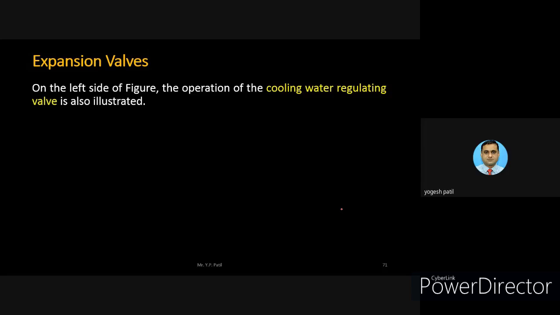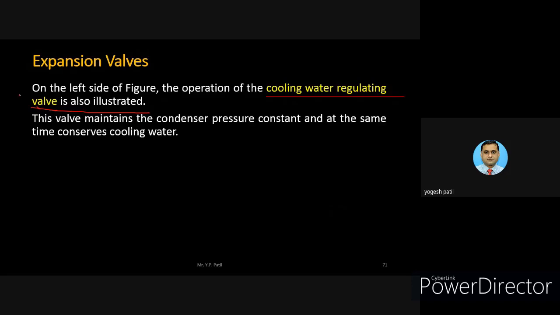So there are two types of valve that we already highlighted. One more valve is present on the top side, for the cooling water system, which is also mentioned here. We can call that the cooling water regulating valve. It is also on the same diagram. What is the purpose of that valve? This valve maintains the condenser pressure constant and at the same time conserves the cooling water.